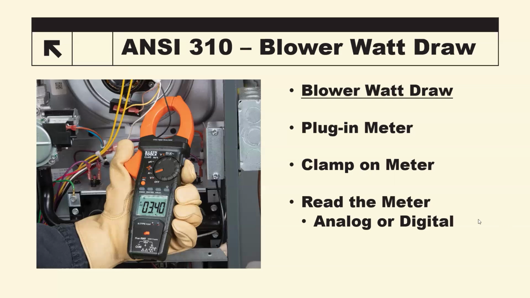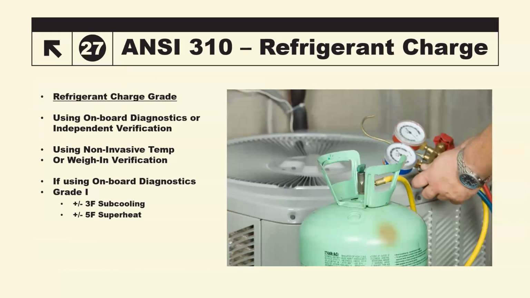Agreed. All right, and then the last step we have here, the final step, is refrigerant charge verification. There again are different ways that you can do this. One is onboard diagnostics. If someone has a lot of automation set up on their system, onboard diagnostics, or what's also an independent verification, is considered grade one and passes the final step.